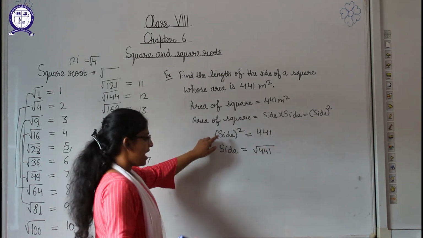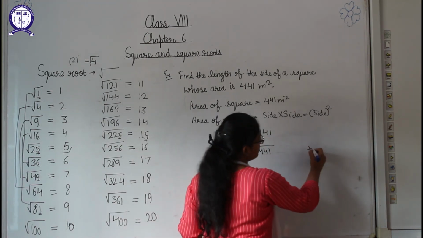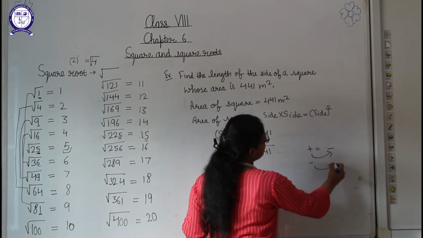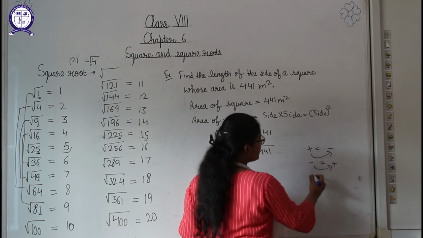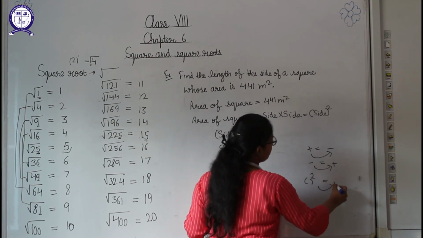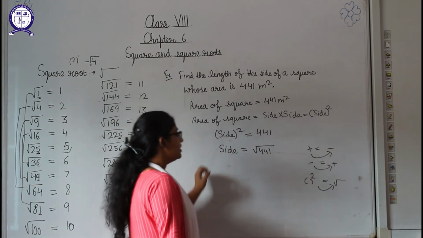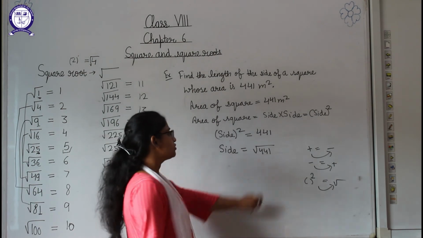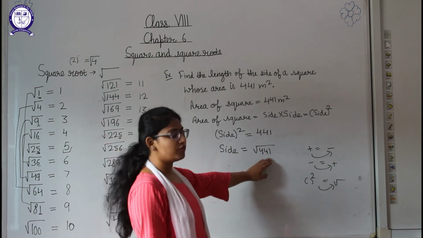It means if here is plus, on that side it will be subtraction. If it is minus, it will be addition. In the same manner, if there is a square, on that side it will become square root. In a similar manner, here side square becomes square root. So we will find the square root of 441.